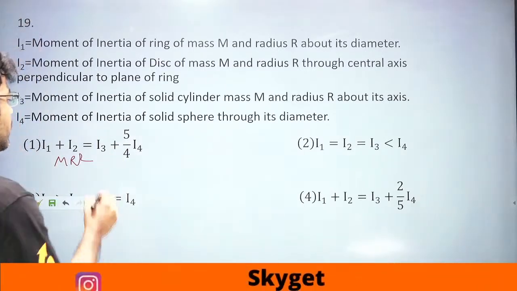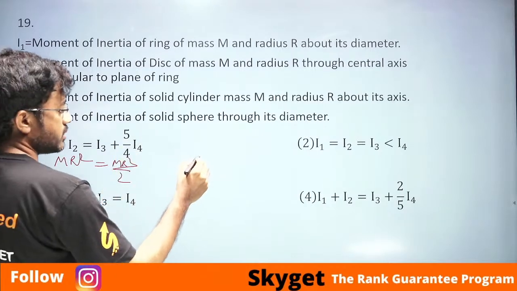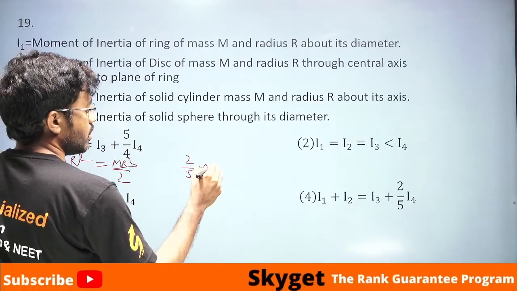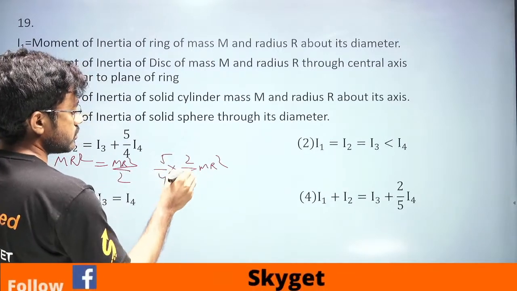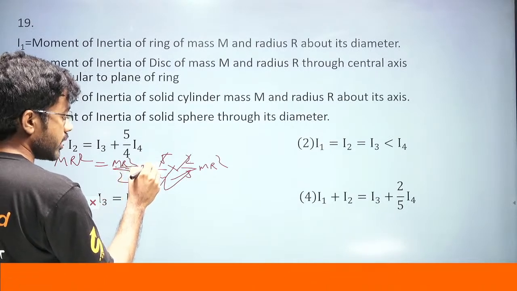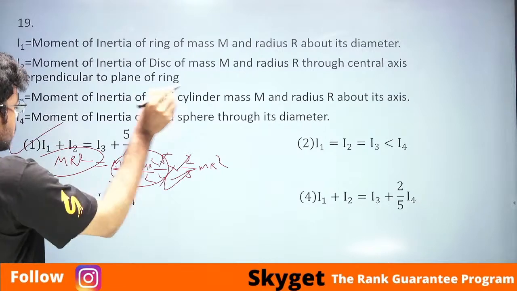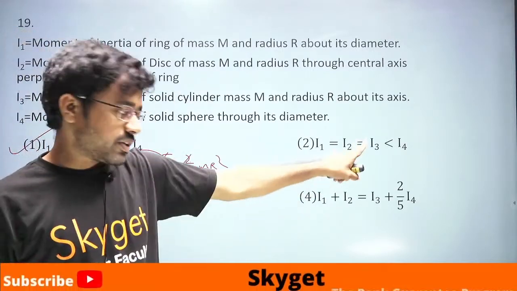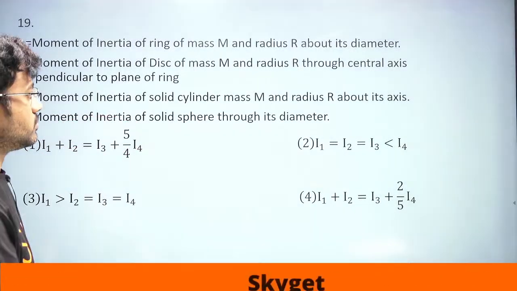If you take I3, that is also equal to mr square by 2, and I4 is 2 by 5 mr square. If you make it into 5 by 4, so this is 1 by 2. So 1 by 2 means mr square by 2 plus mr square by 2, which is exactly equal to mr square. So this is option 1 in the same sense, and you can check the other options too, but here this option is chosen.